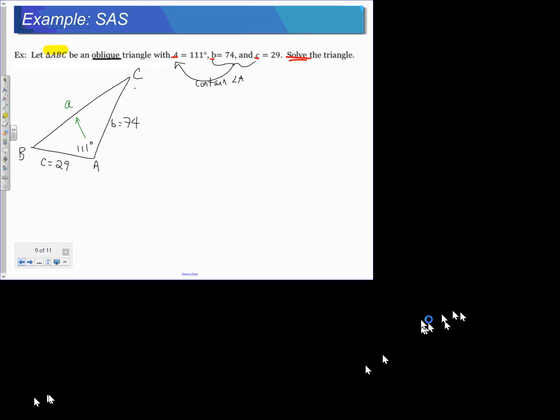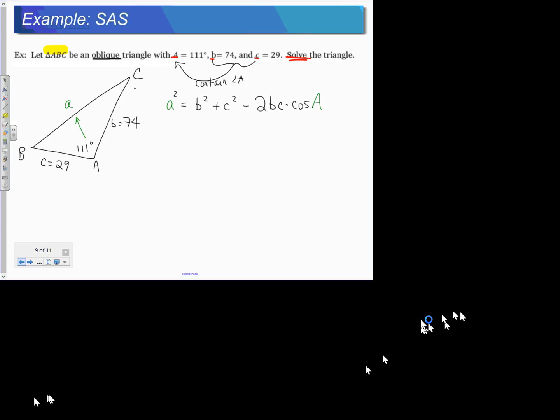So a squared is going to be equal to the sum of the squares of the other sides minus 2 multiplied by b by c by the cosine of angle A. We'll fill in that information.